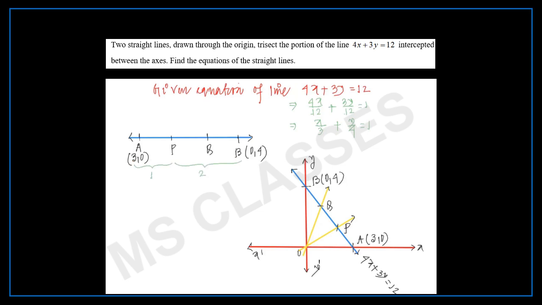How? For the x coordinate, it is (1 into 0 plus 2 into 3) by (1 plus 2).